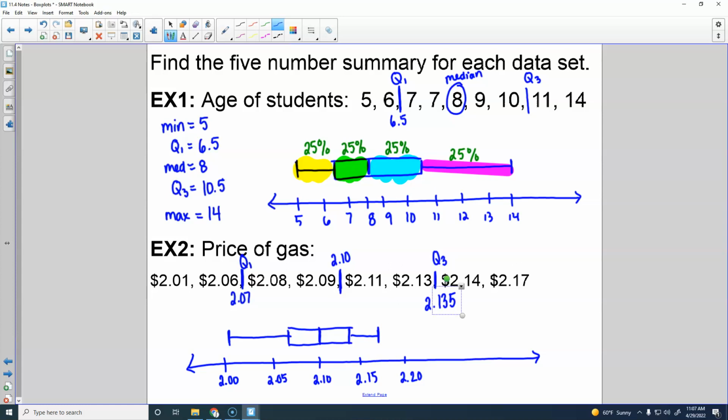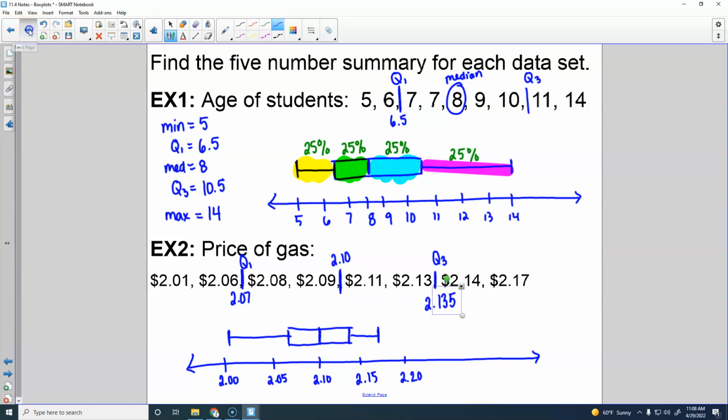So that would be our box plot for that problem. I wanted to do a couple by hand so you understand what's going on here. So we can see we got 25% of the data here, 25 here, 25 here, 25 here.